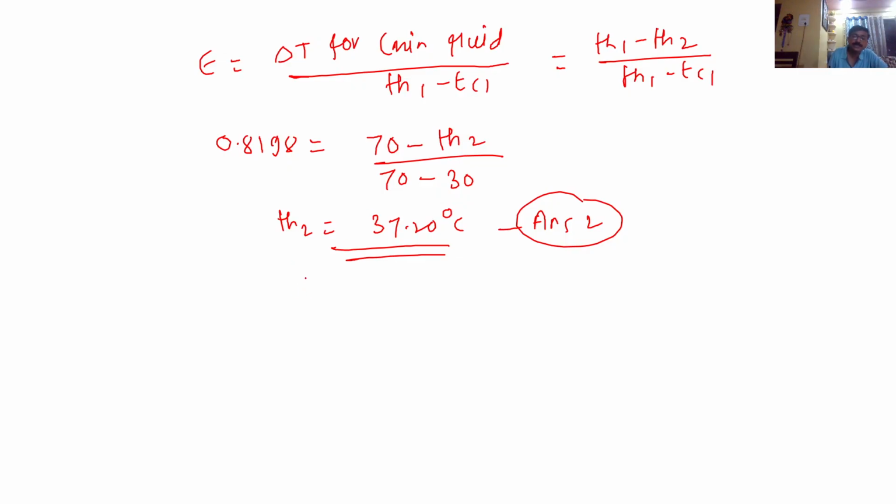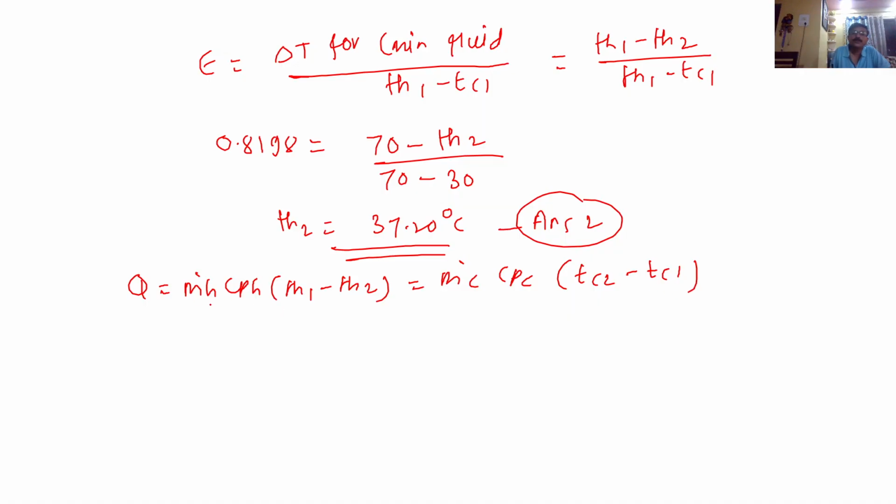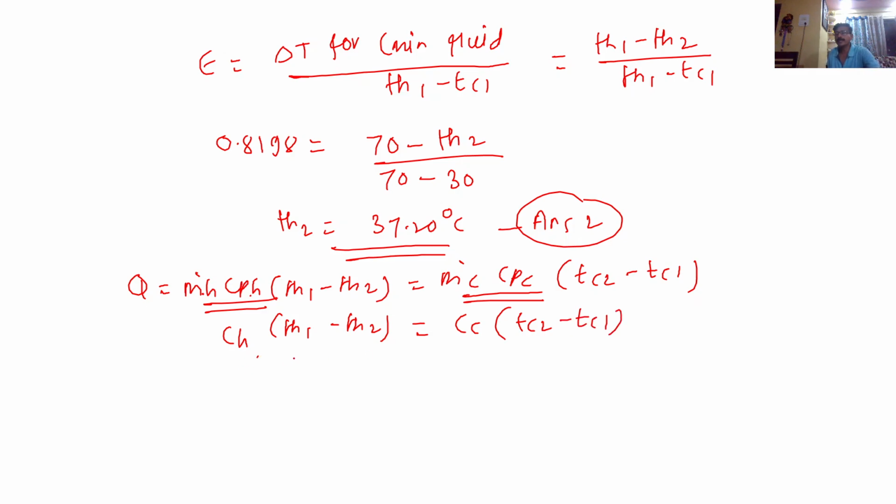Now only TC2 is remaining. How to get that? You can write the energy balance equation: m dot h Cph (Th1 minus Th2) equals m dot c Cpc (Tc2 minus Tc1). But you know the product of mass flow rate and specific heat is called heat capacity. That is already calculated. Just put the values of heat capacity.